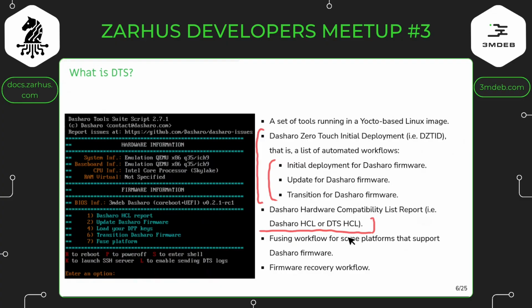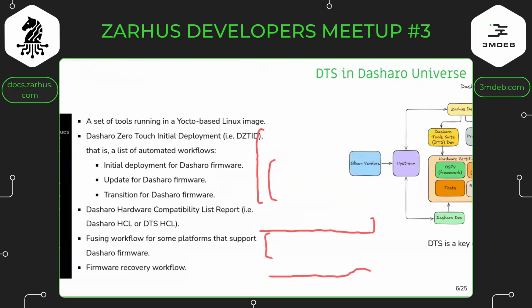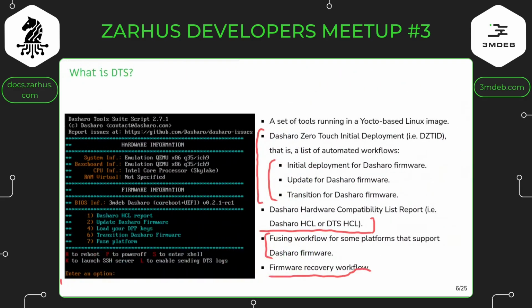Then we have a new feature added in the latest releases, a fusing workflow for some of the platforms that support Dasharo firmware. And then we have an important workflow, the firmware recovery workflow. On the left side, you can see the main menu of the Dasharo Tools Suite.